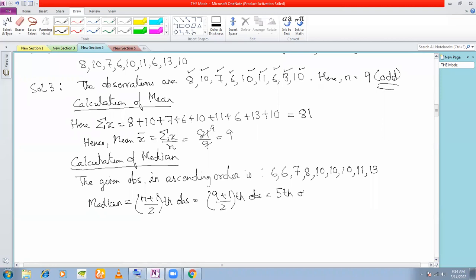And which one is the 5th observation? This is the first observation, second, third, fourth, and finally you have the 5th observation. So you have 10 as the median. Okay. So this completes the median. Next, we are going to calculate the mode.